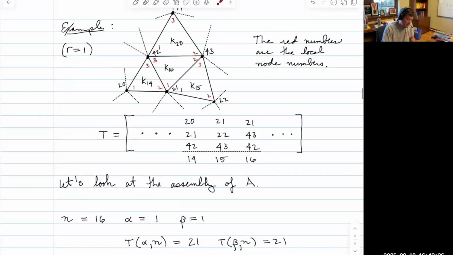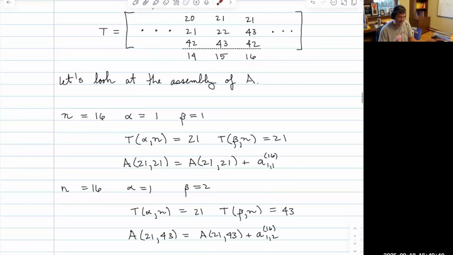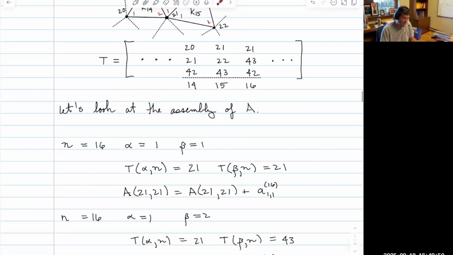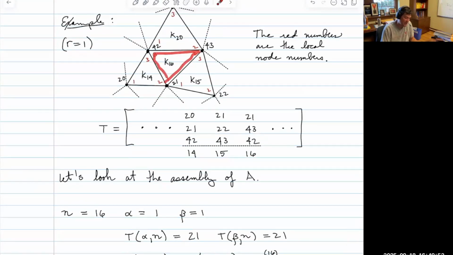We're only at this point adding in the contribution for triangle 16 because we're indexing through the triangles. We previously have already added K15 because n equals 15 comes before n equals 16. So that part is already in what was previously computed there. All we're doing is adding on the new piece of information, which is the local contribution coming from this triangle. Again, it's probably not going to make much sense until you actually write out and do an example.